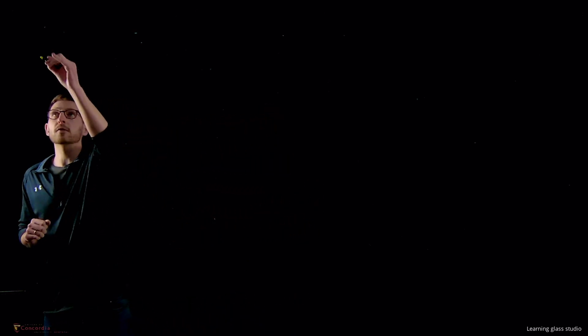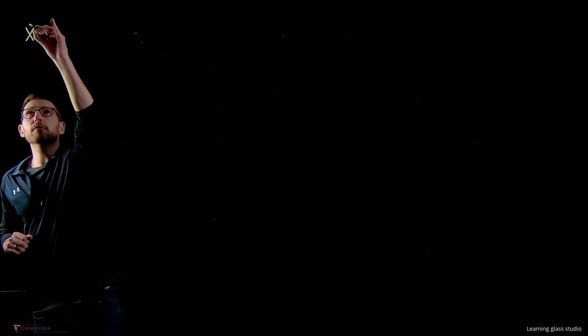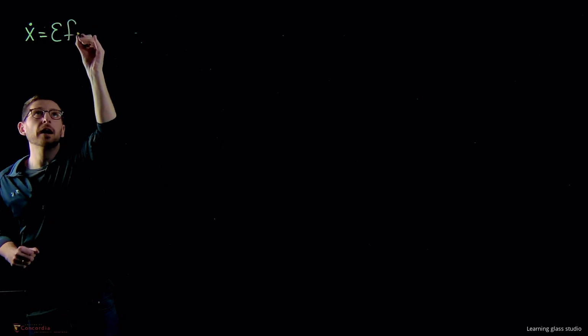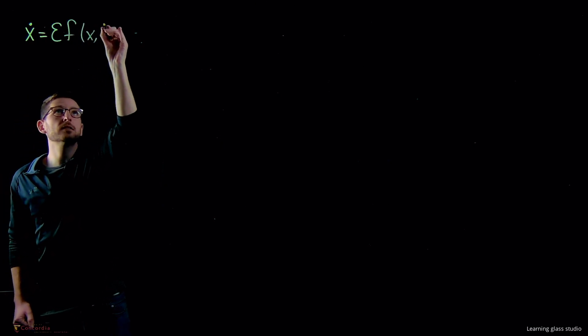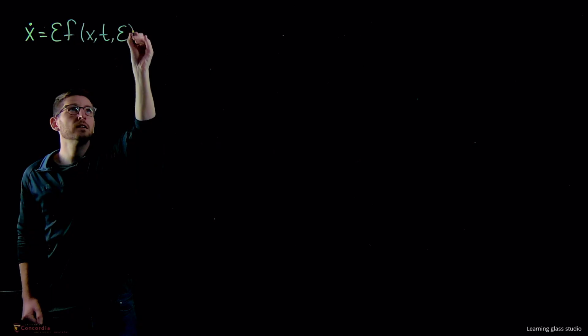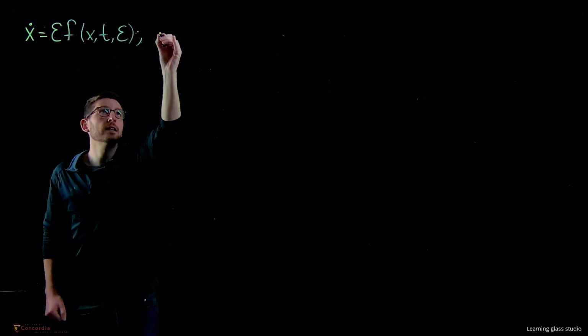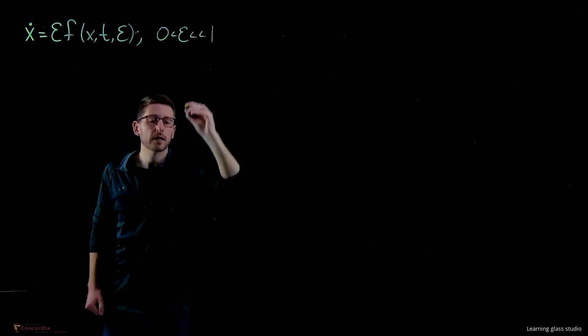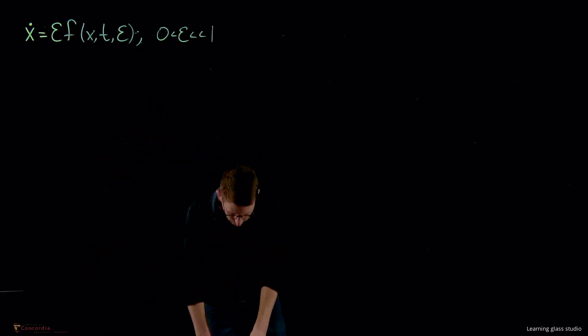So, just as a brief reminder, or maybe for your first time, averaging as a dynamical systems technique is typically applied to dynamical systems that look like this. Here, epsilon is a very small number. Okay, so we say it's much less than 1.